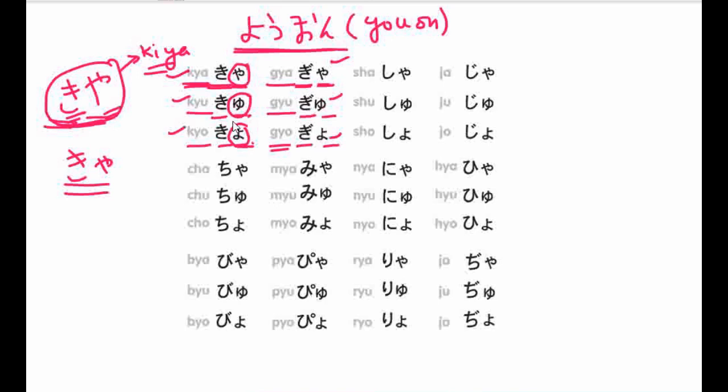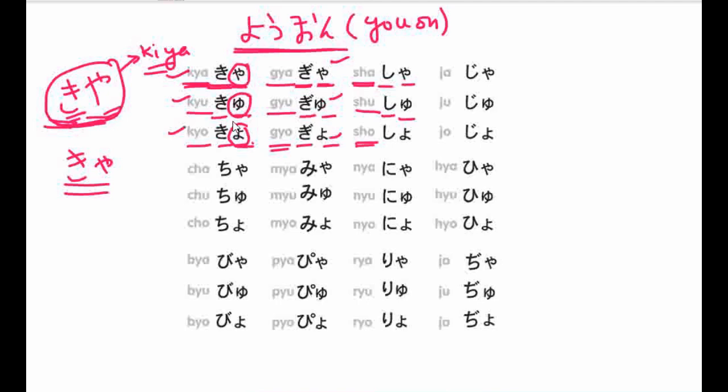Now when we add this small ya with shi, it becomes sha. See carefully, note here, it's not shia, it's sha. Similarly, if we add small yu with shi, it becomes shu, and shi and small yo becomes sho.